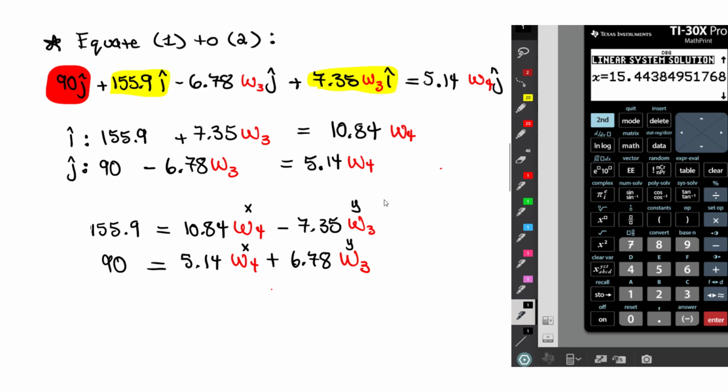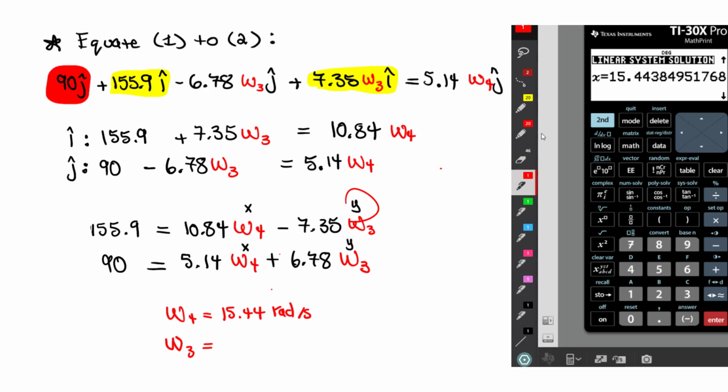So the X value is 15.44. That's actually omega 4. So omega 4 is 15.44 radians per second, but that's not what we actually want, but we solved for that in the meantime. Omega 3 is going to be our y value, right?